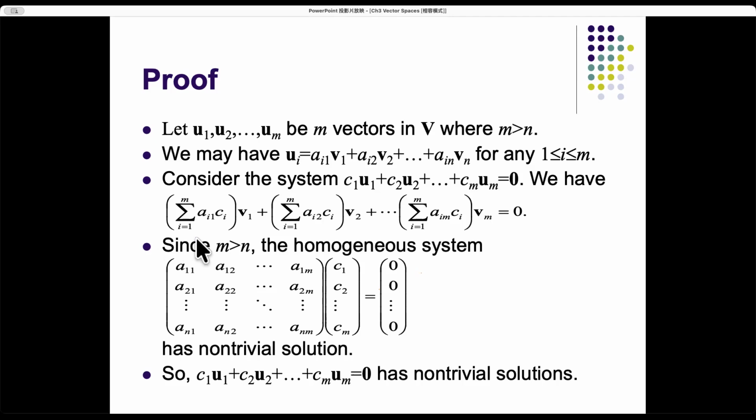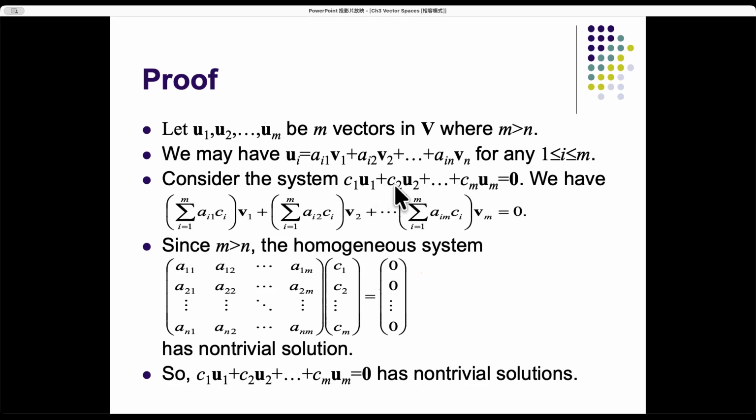So now let's plug in U1, U2 and so on using the above formula. So it becomes like this. This is a little bit jumpy from this one to the following one. Because U1 is a linear combination of the Vi's, U2 is a linear combination of the Vi's, and so on, up to Um.